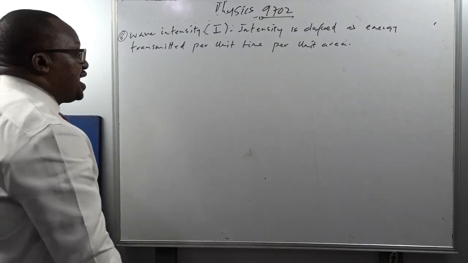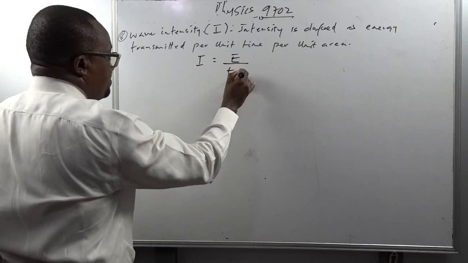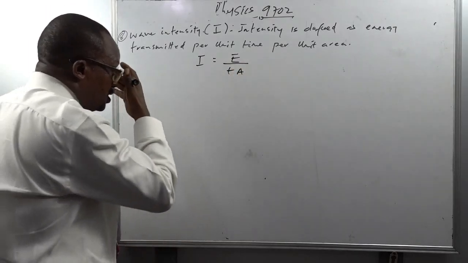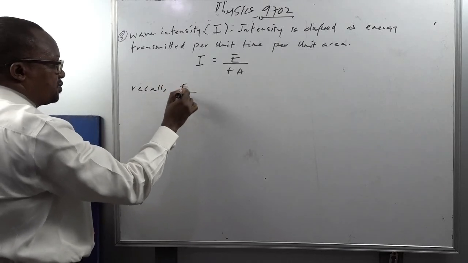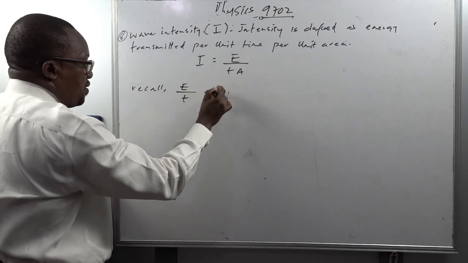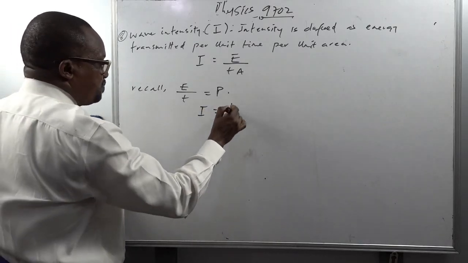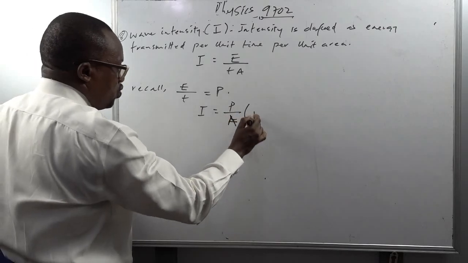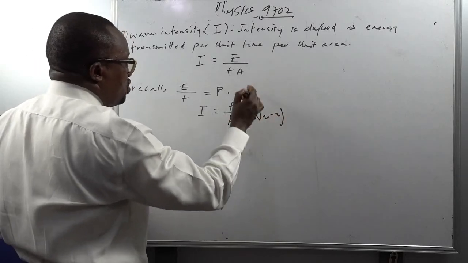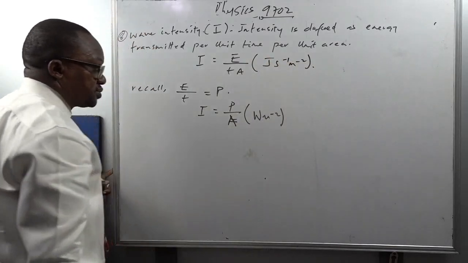So intensity I is energy transmitted per unit time per unit area. And you can recall that energy transmitted per unit time is known as what? Power. So the wave intensity can be defined as power transmitted per unit area. This is also measured in watts per meter square, where this is measured in joules per second per meter square.